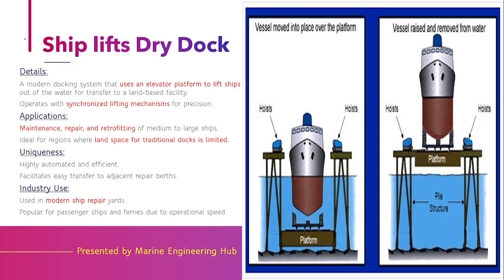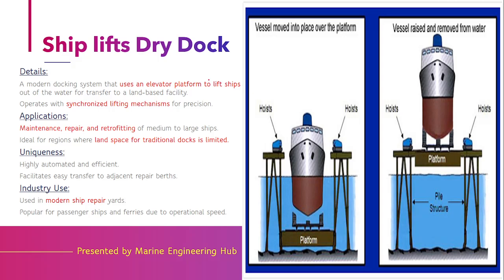It is a new type of marvel engineering structure. So what is basically happening? Like in a floating dock, the whole structure was submerged and after that it is pumped out. Here what is happening? The structure is basically not submerged, the platform is submerged, and with the help of a hoist, after the ship is inside the platform, we are pulling up the hoist and the whole ship along with the platform comes up.